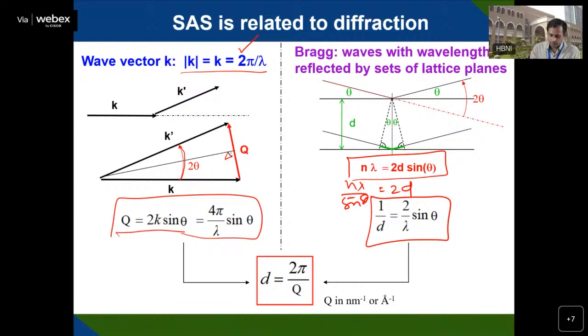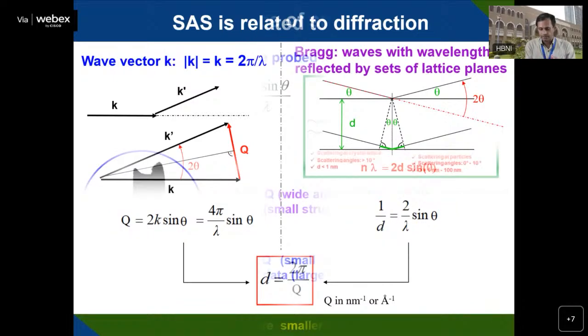If you compare these two equations, Q equal to 4 pi by lambda sine theta, and 1 by d equal to 2 sine theta by lambda, there is a factor of 2 pi that differs. So Q equals 2 pi by d, the spacing. So small angle X-ray scattering and diffraction are interrelated, you can say.